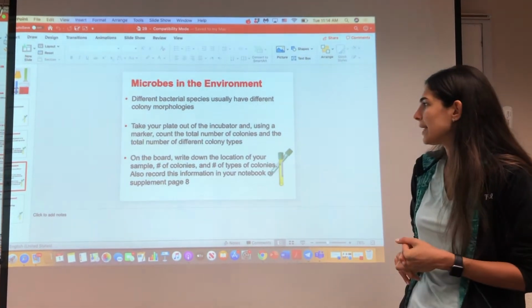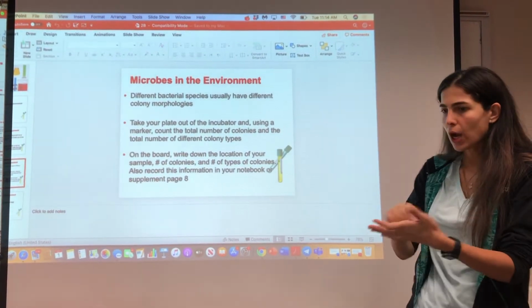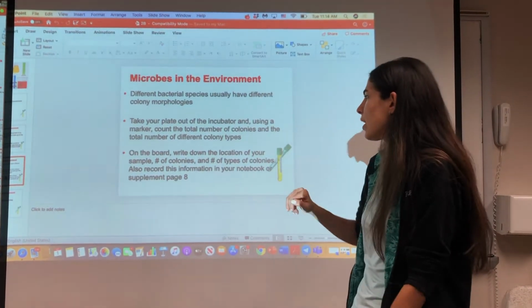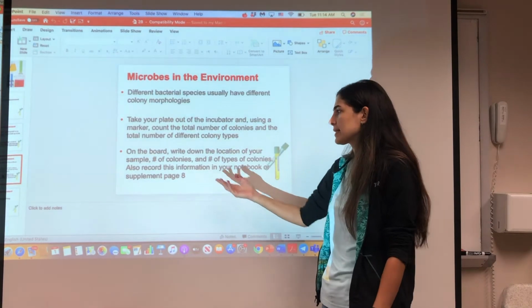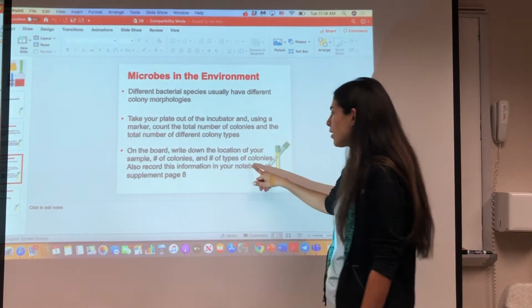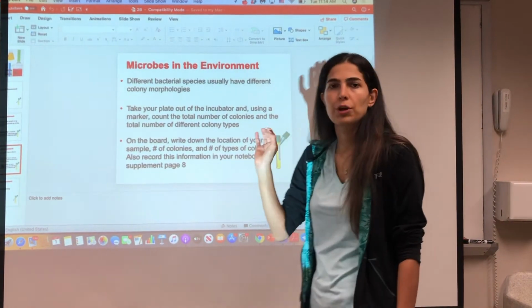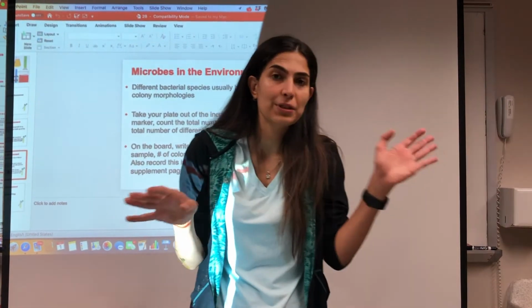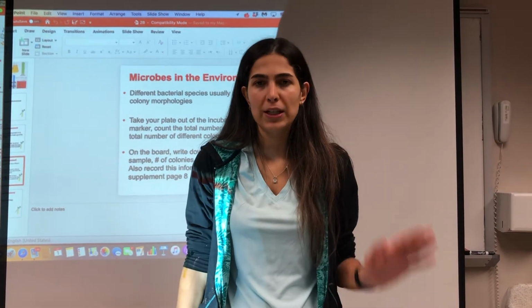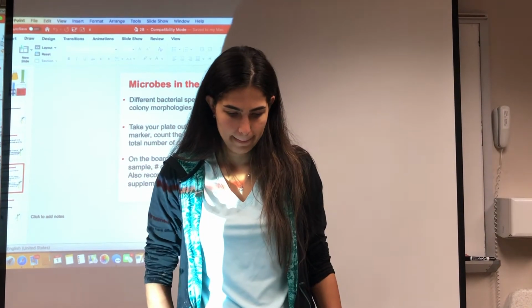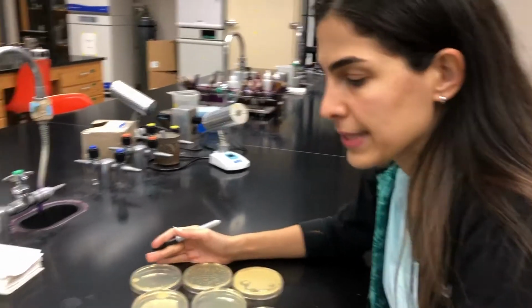Then on your lab supplement, you need to write down the location of your samples, number of colonies, and number of types of colonies. You have to record it. We don't need it in our lab report, but you need to record your results.